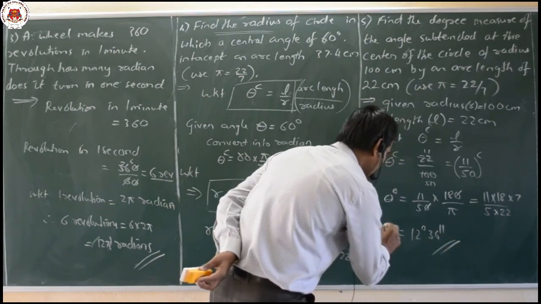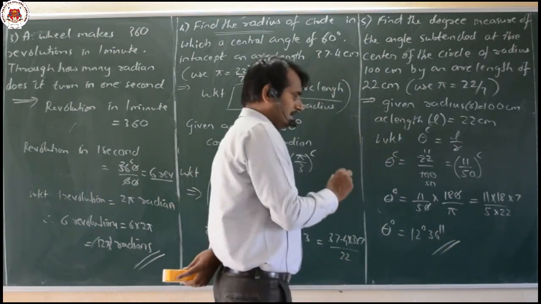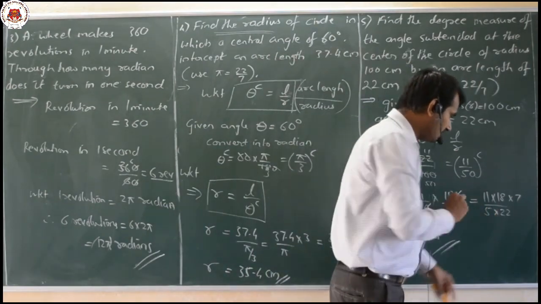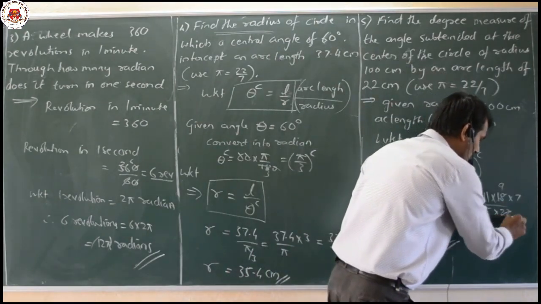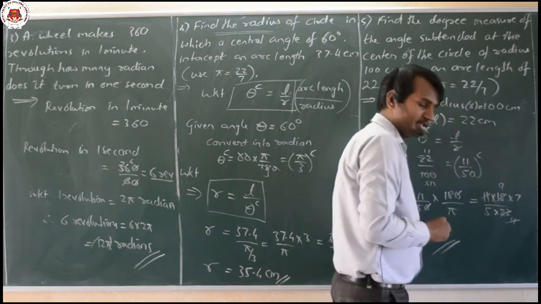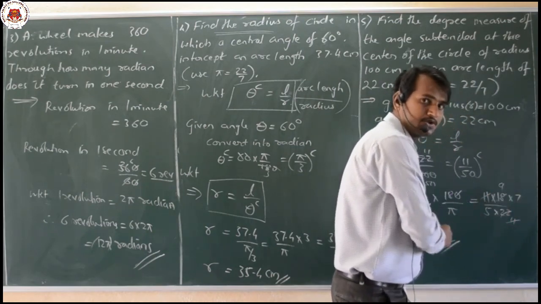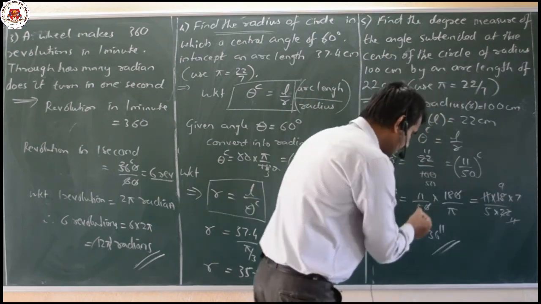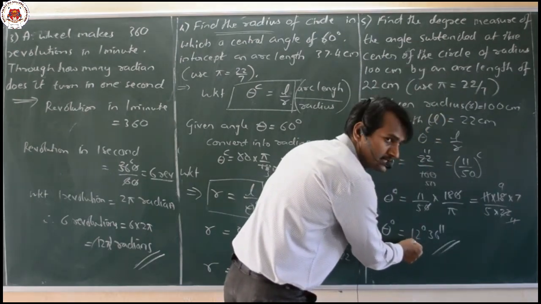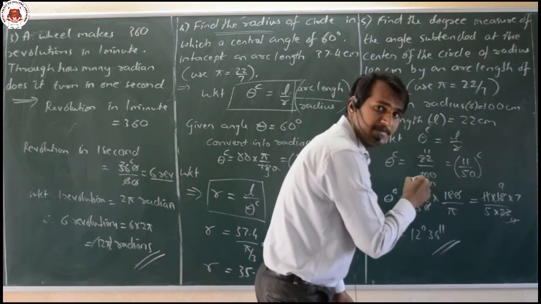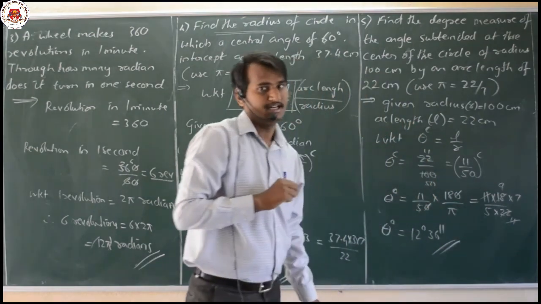You know how to calculate it, it is very simple. We can observe that 2 9s are 18, and 2 11s are 11, which get eliminated. 9 into 7 divided by 5, you divide it as quotient plus remainder by divisor, to get 12 degrees plus some minutes. Convert that remainder also into quotient plus remainder by divisor, then you get your required answer.